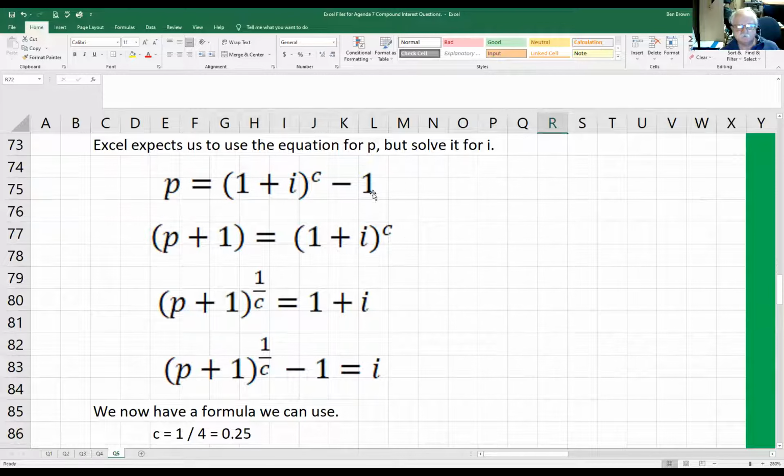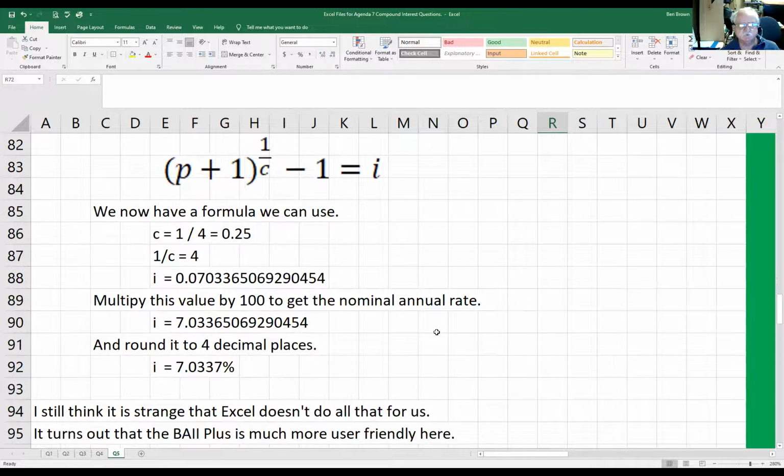So if we start with the formula for P and solve it, we end up with a formula for I in terms of P. And we can actually plug in our information into this and come up with an answer. So we come up with this answer for I. We multiply it by 100 and we round it to 4 decimals. And so we end up, after a lot of work, finding out what I would have to be.